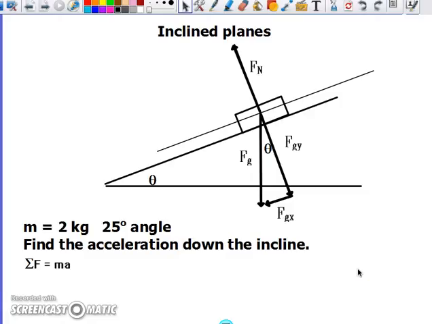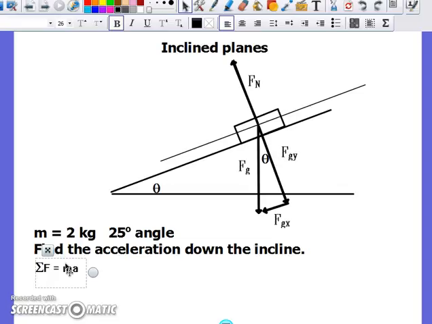So let's look at a simple example where we place a 2 kilogram mass on an incline and we let it go, and the angle of the incline is 25 degrees. So applying Newton's second law, there's only one force that acts in the direction of motion, and that is Fgx.